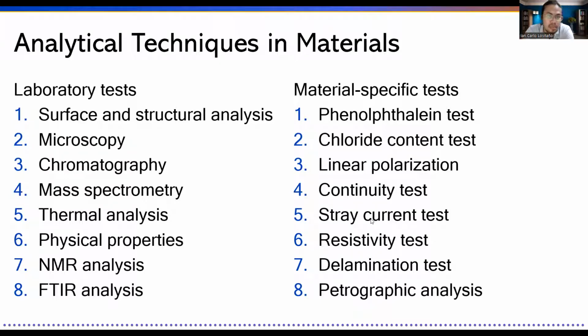Last but not the least is the FTIR, or Fourier transform infrared spectroscopy. This identifies the chemical bonds in a molecule by producing an infrared absorption spectrum. You know the spectrum, right? The spectra produced is a profile, and this is similar to a fingerprint.